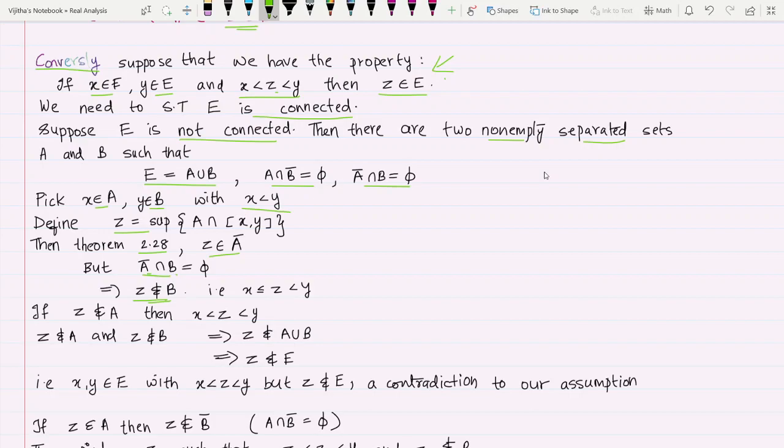It is equivalent to saying that Z lies between X and Y, and here you will not have the equality sign.